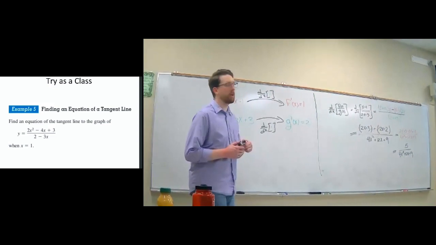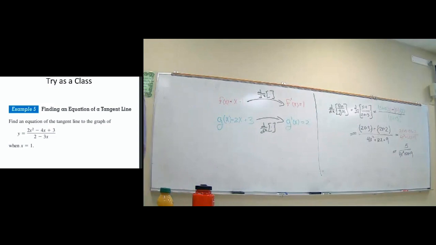I think we can, but I'm not going to try. No, we can't. We could use long division though, and maybe rewrite this fraction, right? But for now, we're just going to apply the quotient rule.